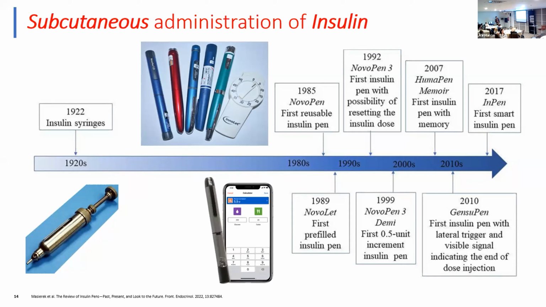And then 2007, first pen with memory. 2010, more and more features added. And then what I really want to emphasize is 2017, we had the first smart insulin pen, which is here on the image.